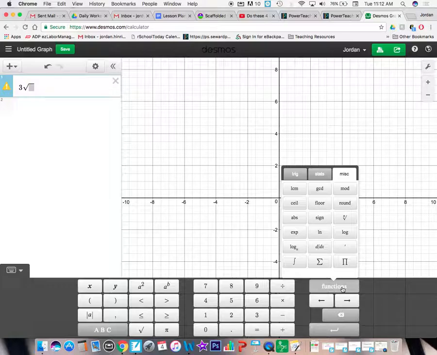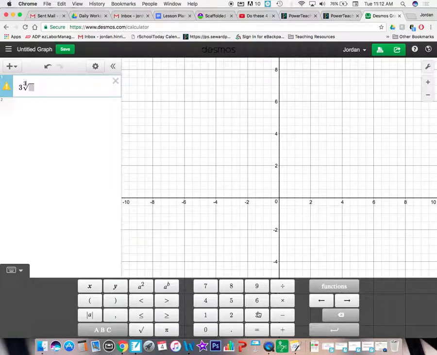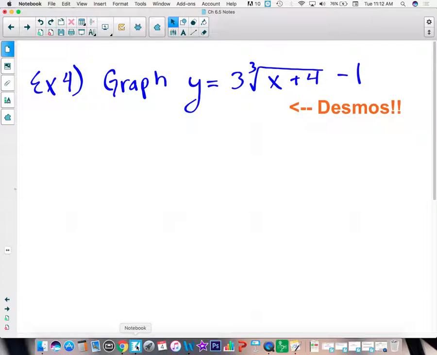Once you find that button, you click on it and it gives you that. So it's cube root. You click a 3 and then you have to press inside your little box there. And it was x plus 4.